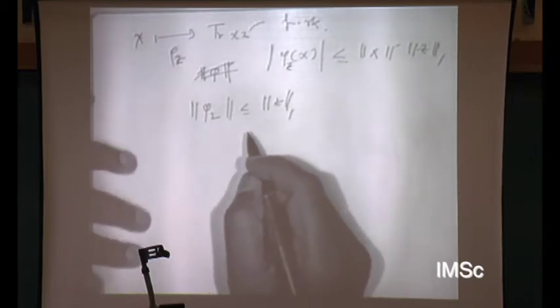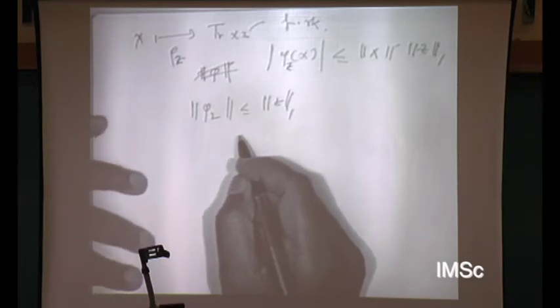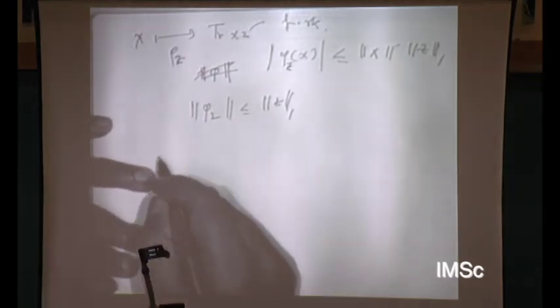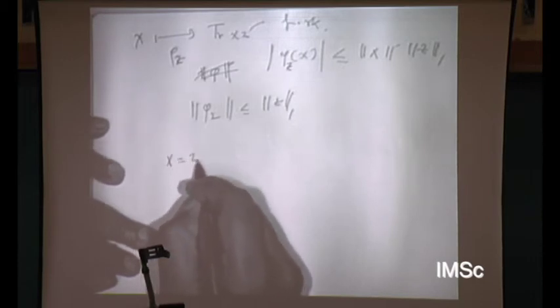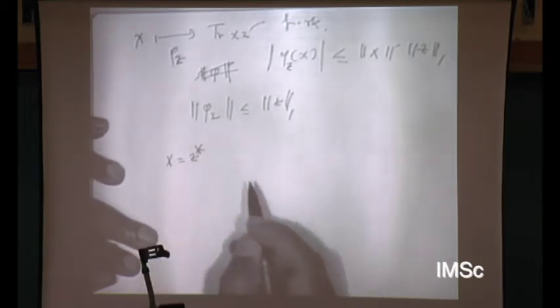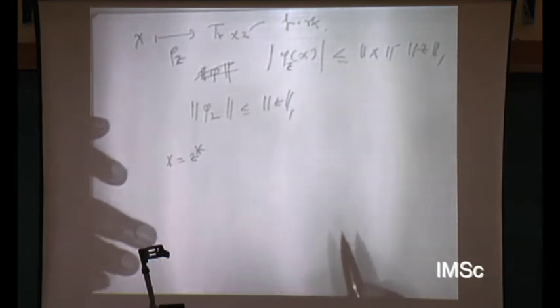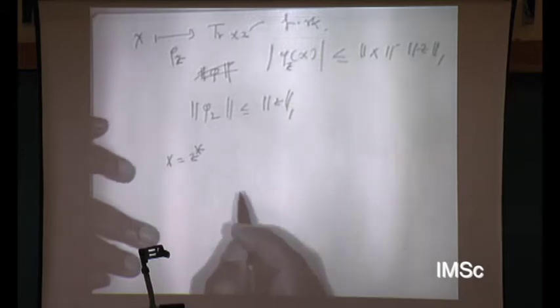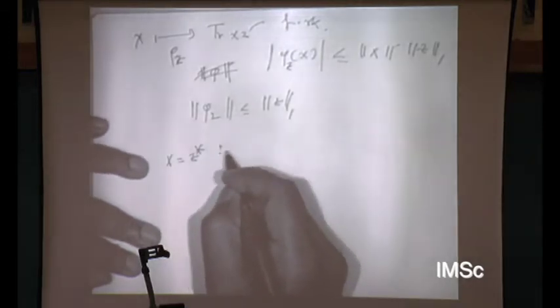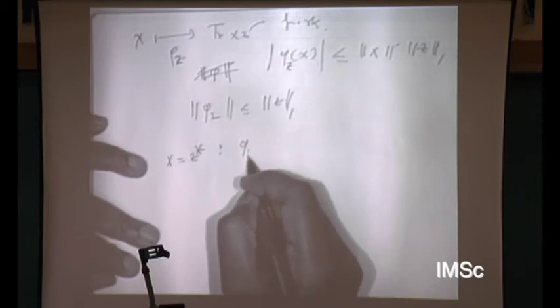because see, I can take x to be equal to u star. Let us take x equals u star. Then what is phi z of u star?